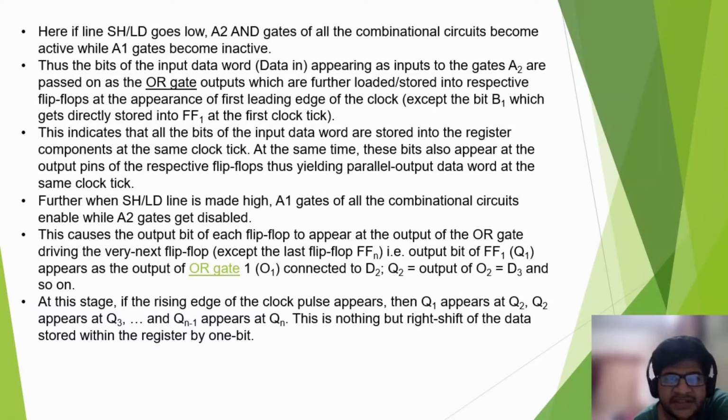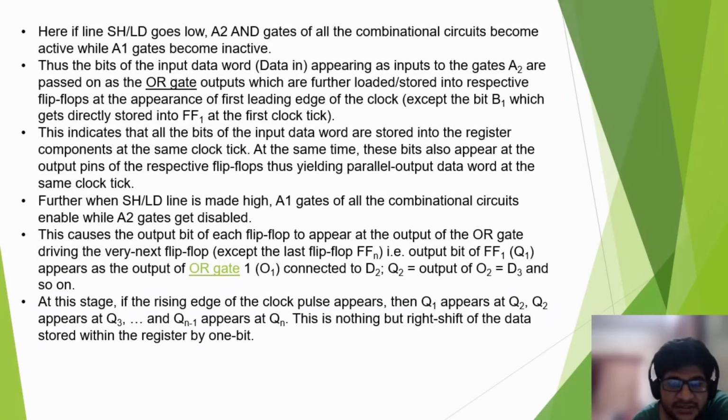Now, when the SHLD line is made high, the A1 gates of the circuit become enabled and the A2 gates get disabled. This causes the output bit of each flip-flop to appear at the output of the OR gate, which drives the very next flip-flop. That is, the output of flip-flop 1 appears as the output of the OR gate connected to D2, meaning Q2 equals output of O2 equals D3 and so on.